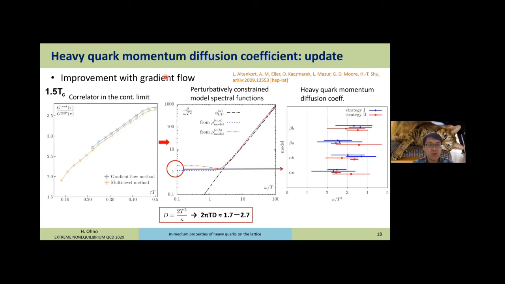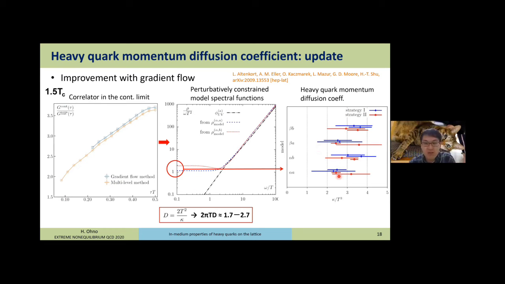Basically, they improved the signal of the correlation function data by using the gradient flow method. Then they get this kind of correlation function and also spectral function, and then they get this heavy quark momentum diffusion coefficient.